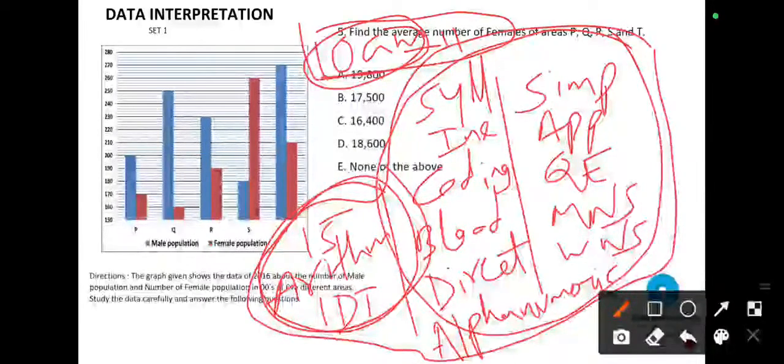So how was the session for today? I think we have approximately completed the quant and reasoning sectional type. Prepare well, bro. Okay, I am also preparing. After this session I need to take some mock tests.